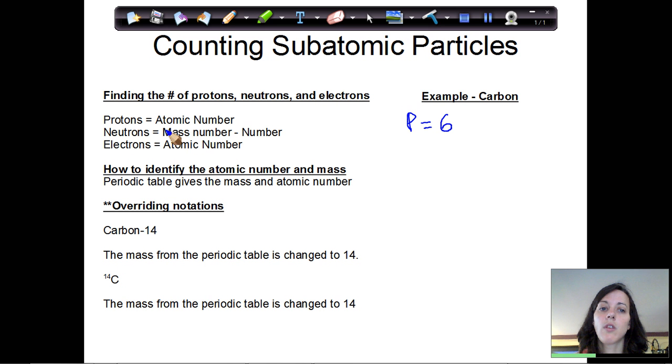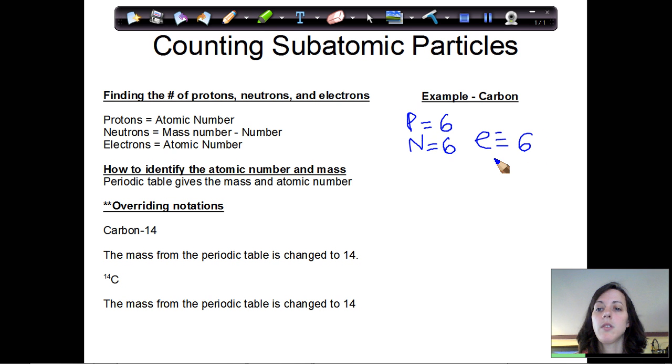To find neutrons, it's 12 minus the atomic number, or 12 minus 6 in this instance, which tells us that carbon has 6 neutrons. And lastly, the electrons are going to be the same as protons because they are both equal to the atomic number. So electrons equal 6.